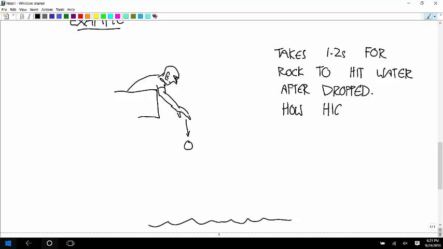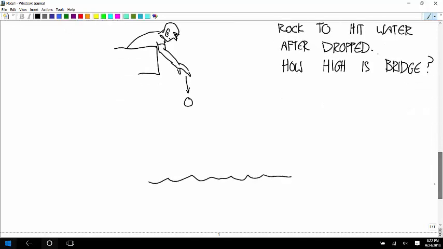How high is the bridge? You can do this to measure the height of things, but look for boats or whatever before you do it. Or don't give them my name.